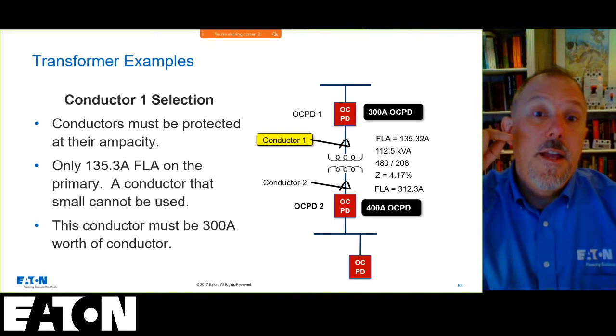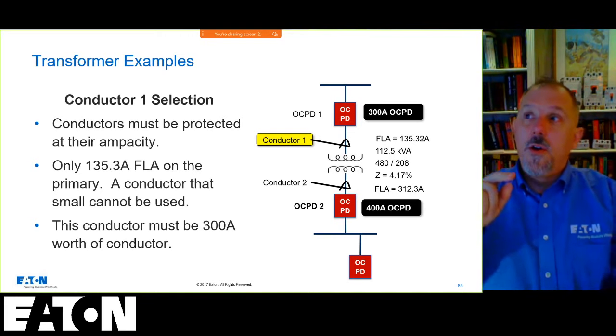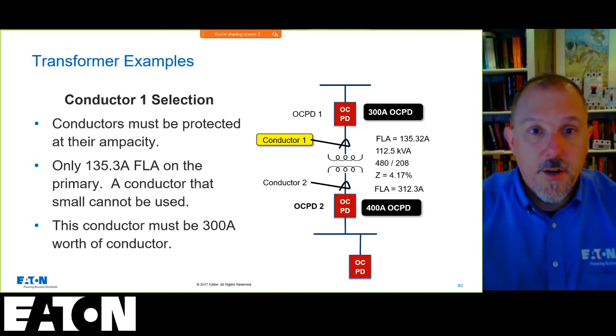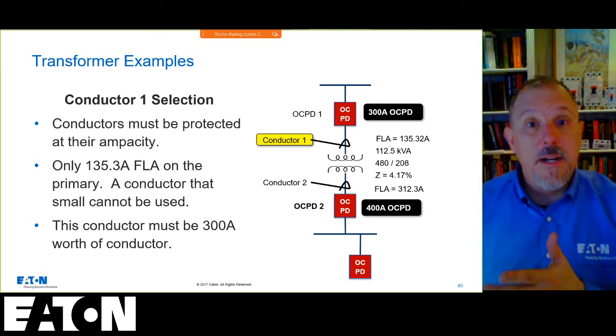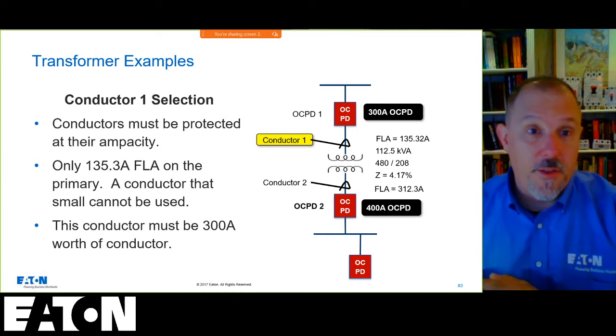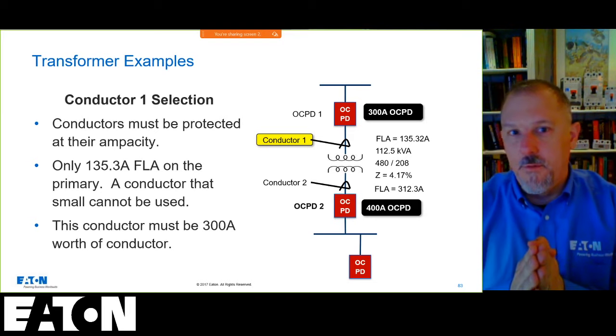Now, if I did a smaller primary breaker, I can pick a smaller conductor. It's going to save me some money, right? I don't necessarily want to go to a 300 amp unless I absolutely have to. And why would I have to go to a 300 amp overcurrent device?